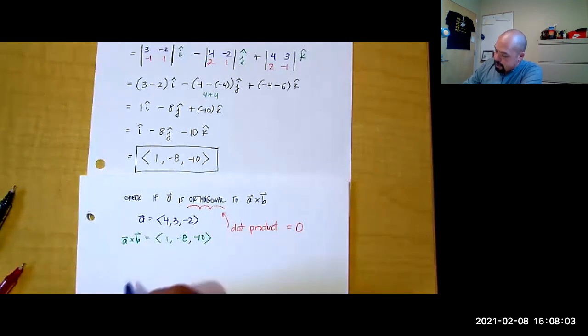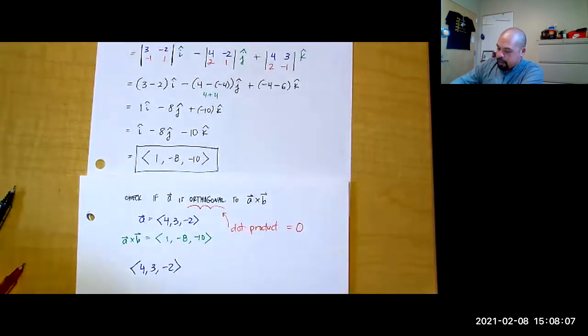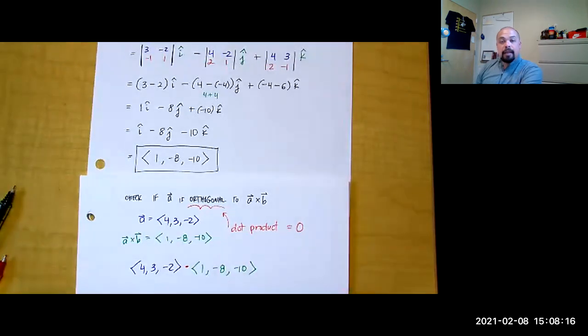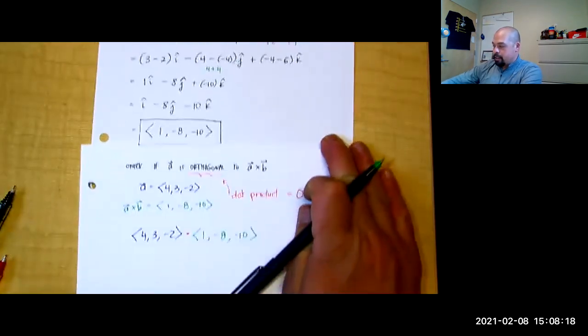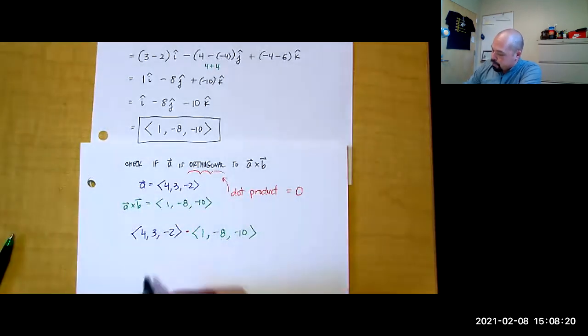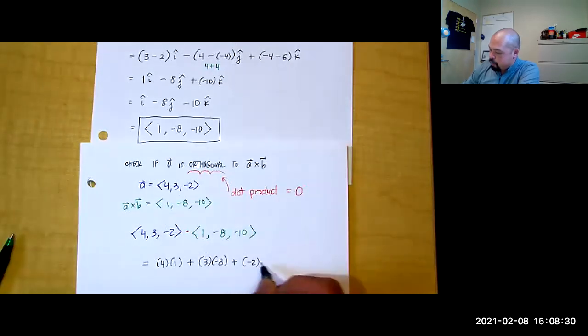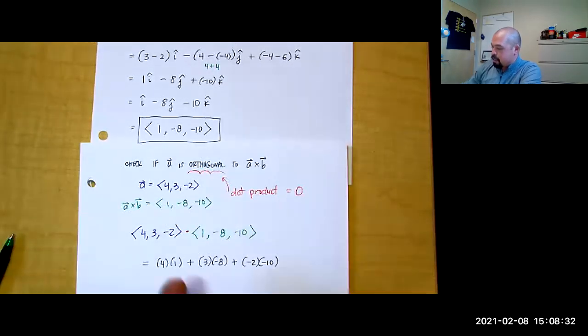So if I look at that, 4, 3, -2, dotting it with 1, -8, -10, taking that dot product, what do we get? We get here 4 times 1 plus 3 times -8 plus -2 times -10, right?